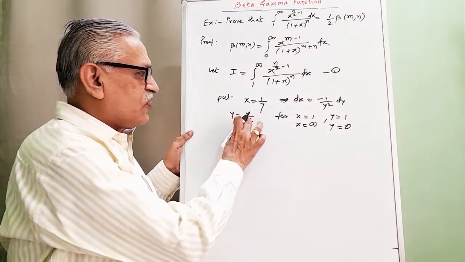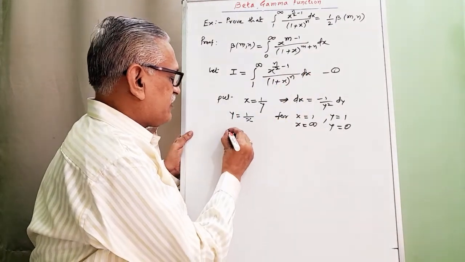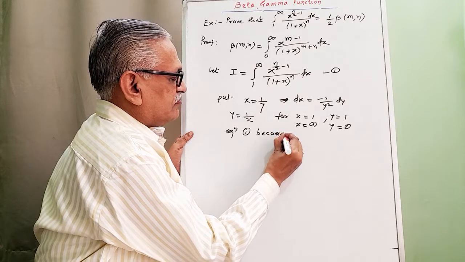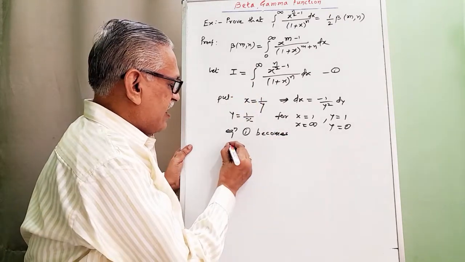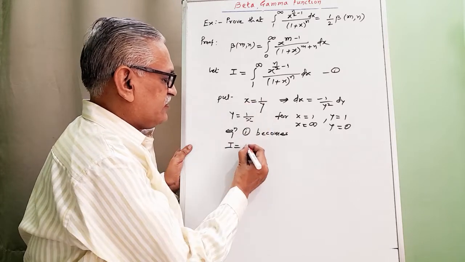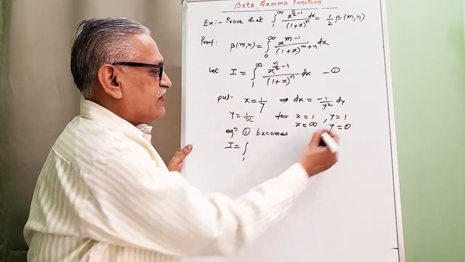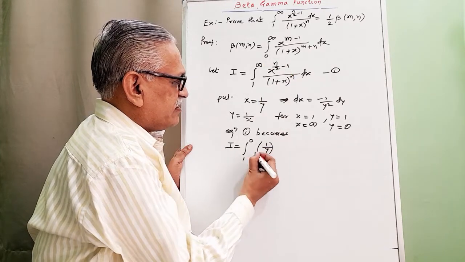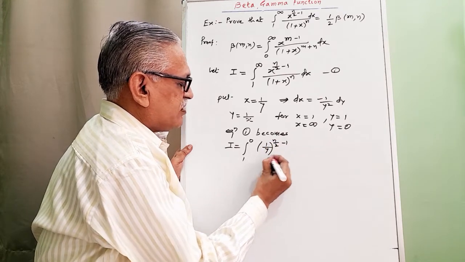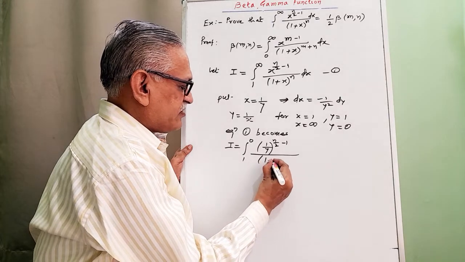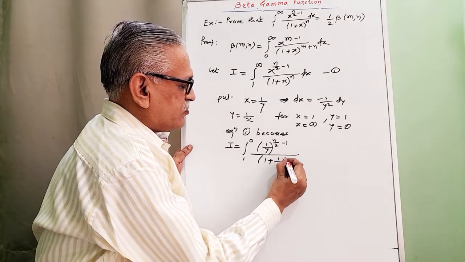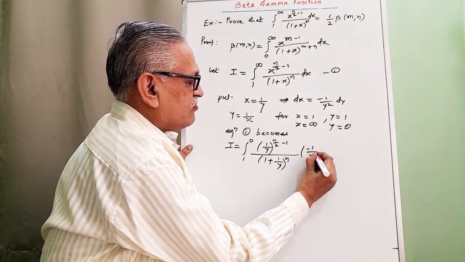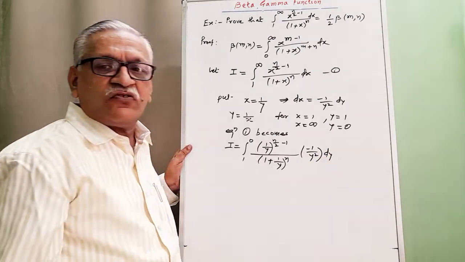Substituting all this information in equation 1, we get I equal to the integral with new limits, 1 and 0, of (1/y)^(n/2 - 1) divided by (1 + 1/y)^n, and dx is minus 1/y^2 dy.